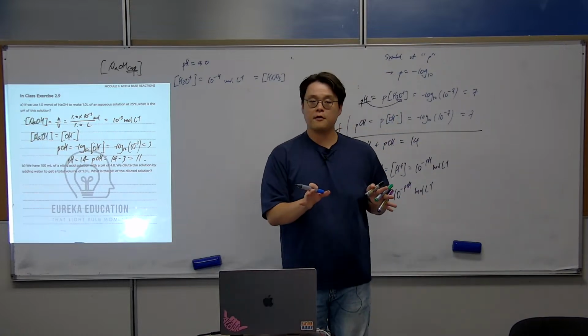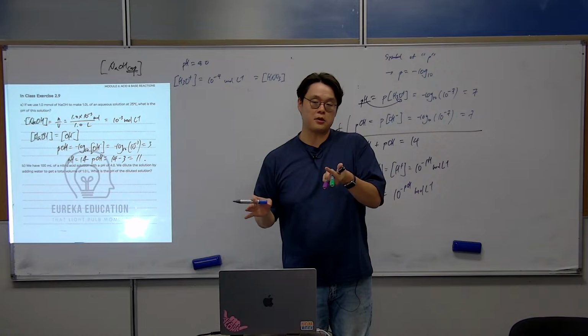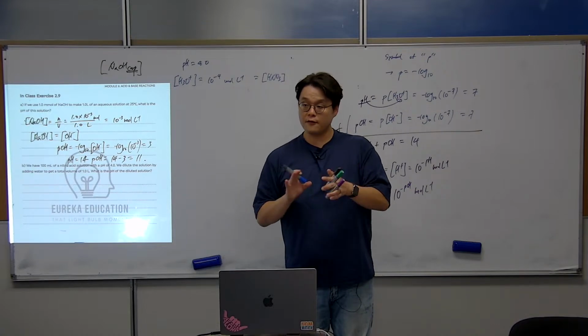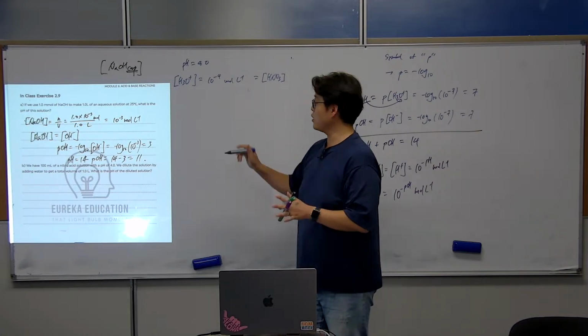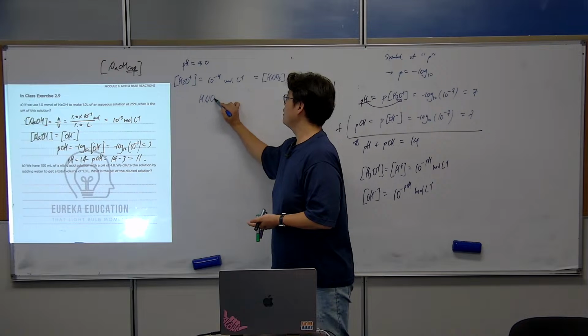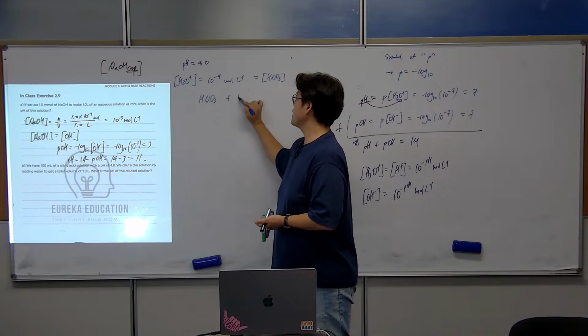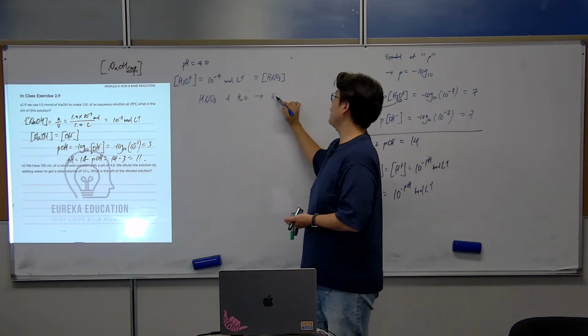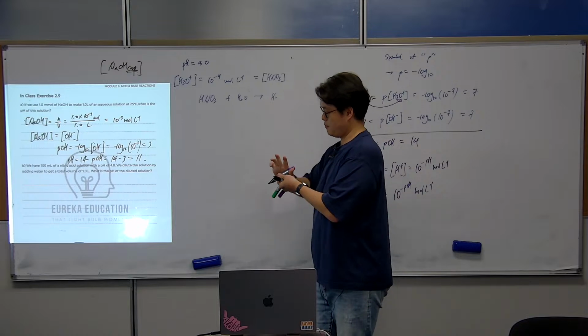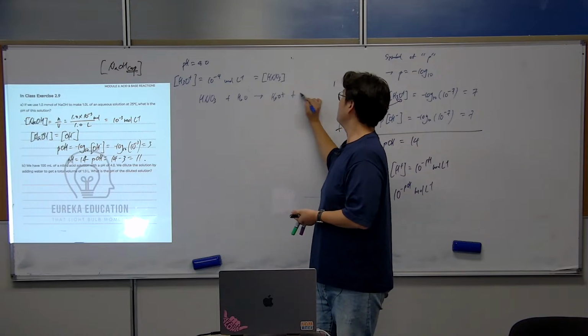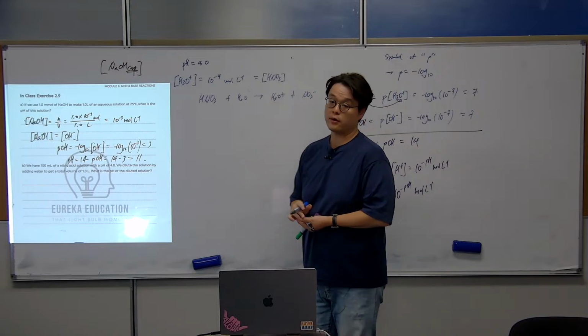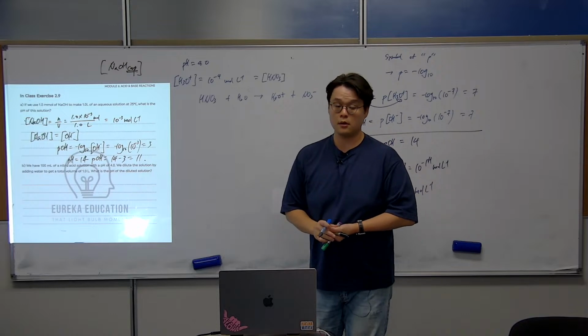The only difference is when we have a diprotic or triprotic acid, where you have to count the number of moles differently. So showing HNO3 plus H2O forming H3O plus and NO3 minus, if you like to show that unbalanced chemical equation.